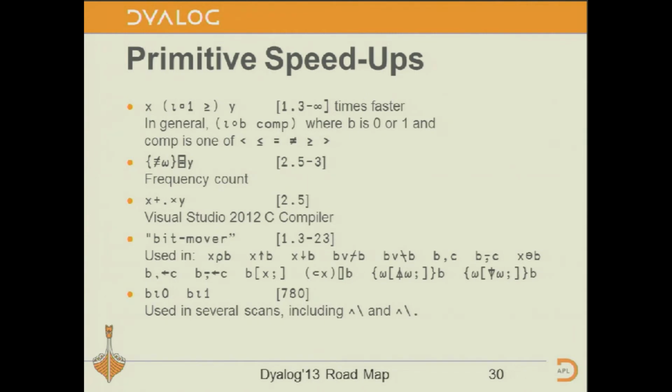So that's one of the benefits of trains, is you get these larger blocks that you can much more easily write optimized code for. So the infinite speed up there is if the hit is early on in the vector, if it's the first one, we exit immediately. We don't do the comparison, where today in APL you would have to do the entire comparison and then go and look for the first one afterwards.